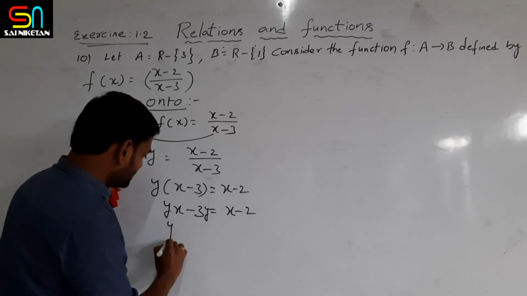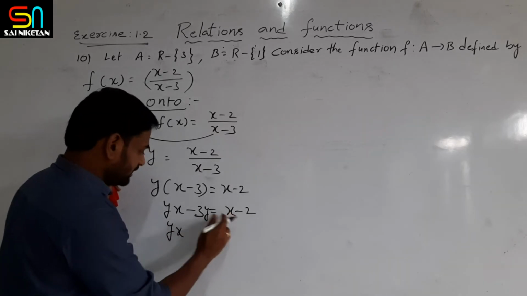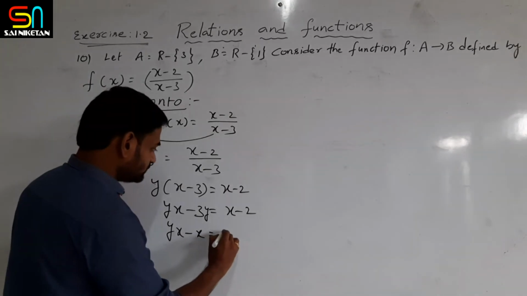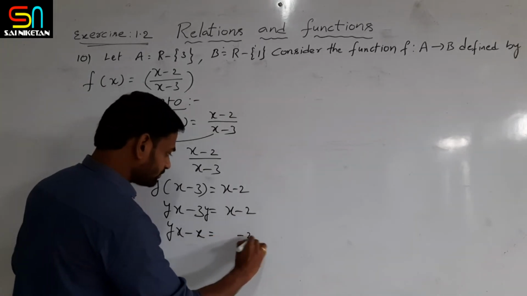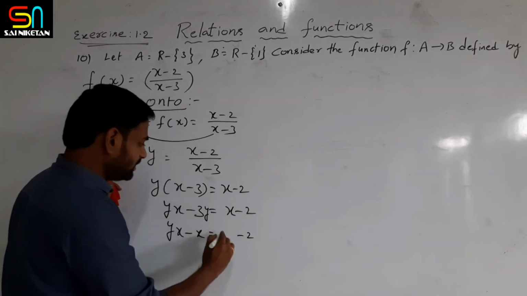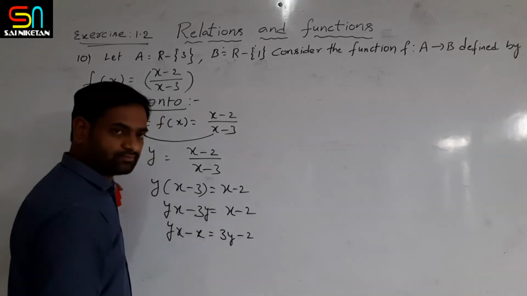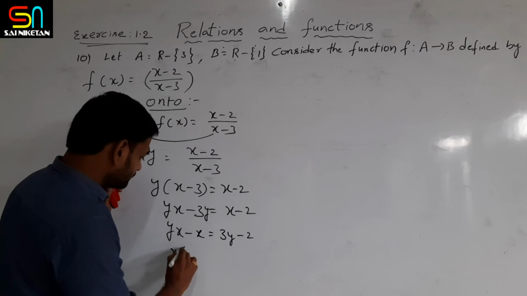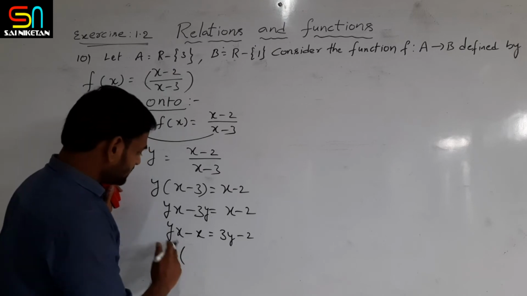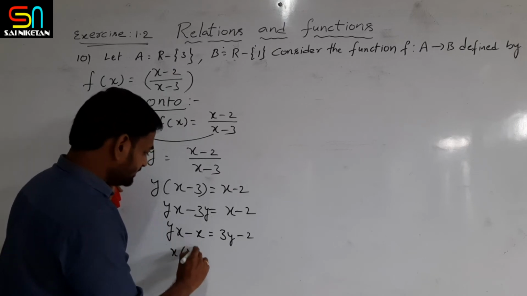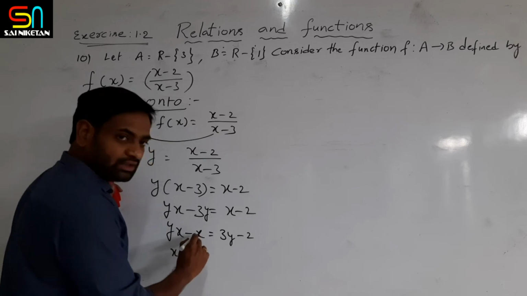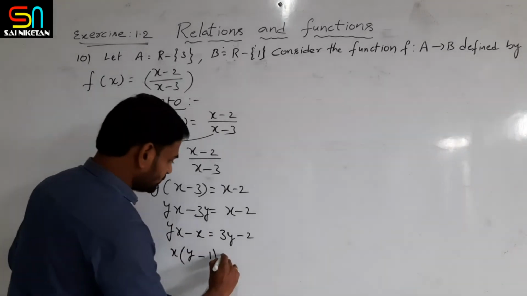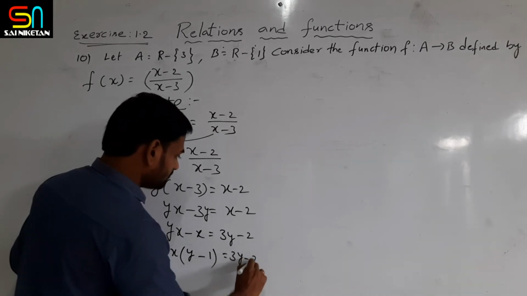That is yx minus x is equal to, it is already minus 2, so it is minus 3y will be plus 3y. Okay. Now in this one I am taking x common. So what is remaining is y, and here it is minus, same. In the x I am taking x common, so it is 1. It is equal to 3y minus 2.